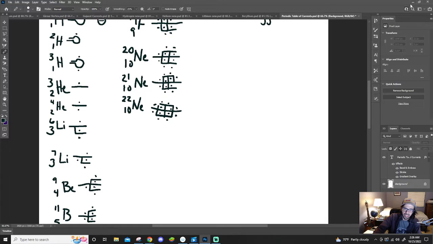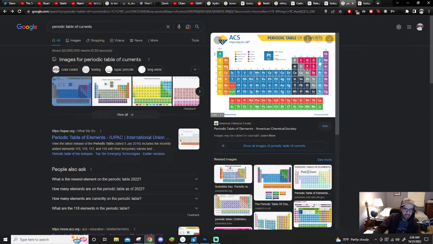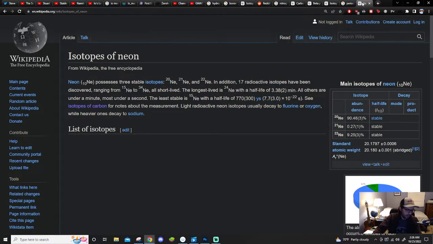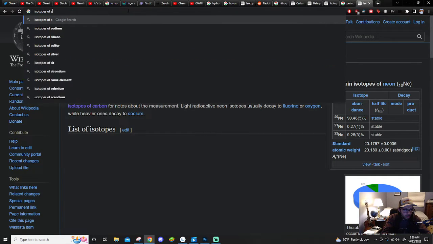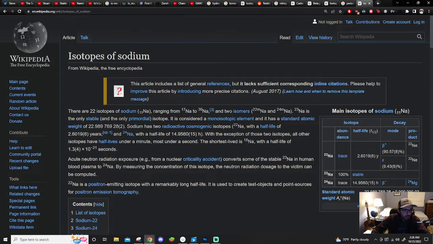Okay. Then sodium has, let's see, the isotopes. Isotopes of sodium. The only stable is sodium 23.